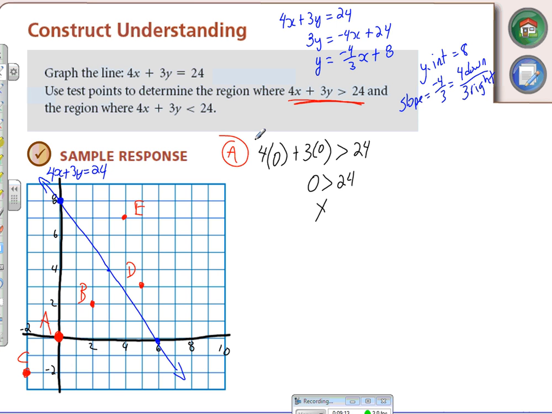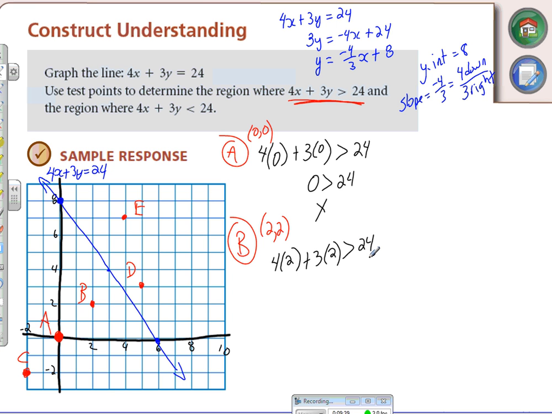Let's try B. And this one was for 0, 0. Point B, we said, was going to be 2, 2. Let's plug that one in and see if it is true. So 4 times 2 plus 3 times 2. Is that greater than 24?